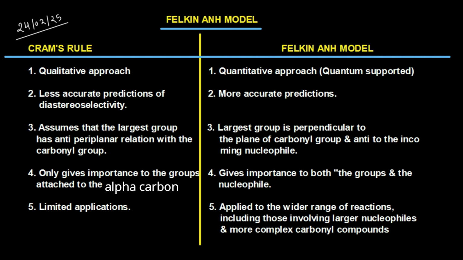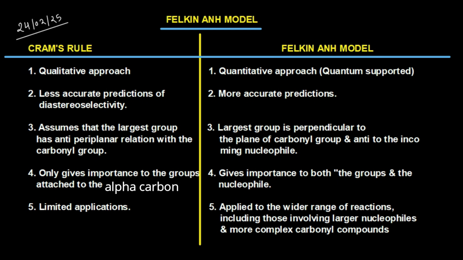That means if you are forming two diastereomers, what percentage of each would be there? Say one is 81%, the other one is 19%. So you can have this idea by using the Felkin Anh model. However, it is based on rigorous quantum mechanical calculations, so we'll not cover that quantitative aspect here, but you should know that it is quantitative in nature. This is the first point of differentiation between the two models.